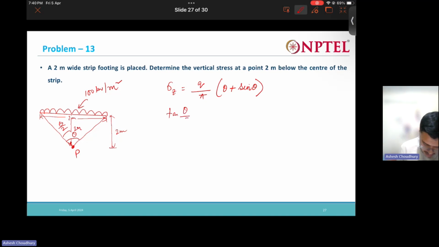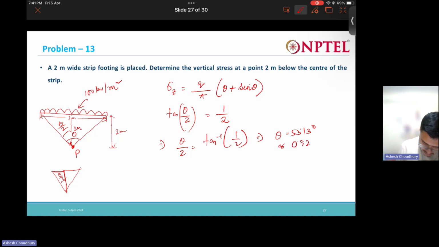Now tan theta by 2, so like this it's there, right? Tan theta by 2 is this by this, by 2. That's it.